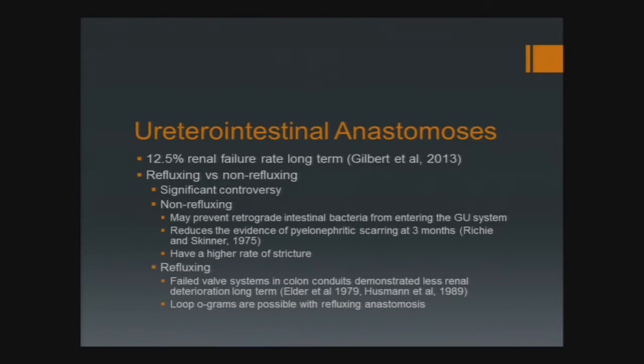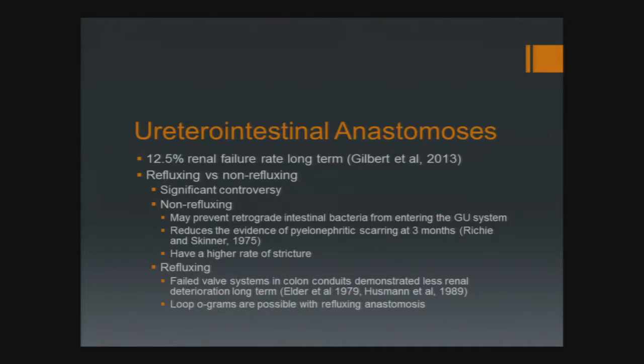So there's two main types of ureterointestinal anastomoses: refluxing and non-refluxing. And in the urology community, there's significant controversy as to which is the appropriate type of anastomosis to perform. There are pros and cons to each. The non-refluxing may prevent retrograde intestinal bacteria from reaching the kidney, so ideally preventing some cases of pyelonephritis.